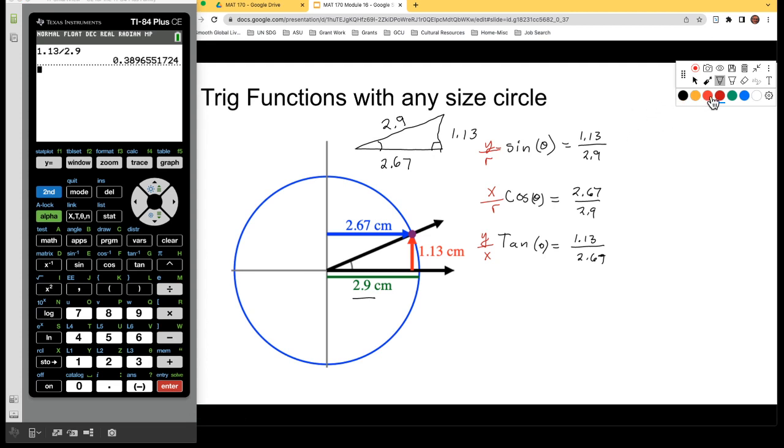Now, a little bit later on, we're going to actually get the angles, and we'll see how the calculator could actually calculate this value if we had the angle. 0.3897. I'll go to 4 decimal places. Cosine is going to be 2.67 divided by 2.9.